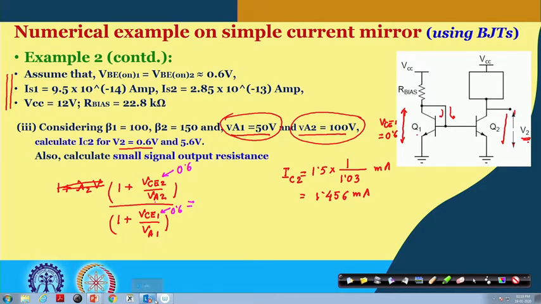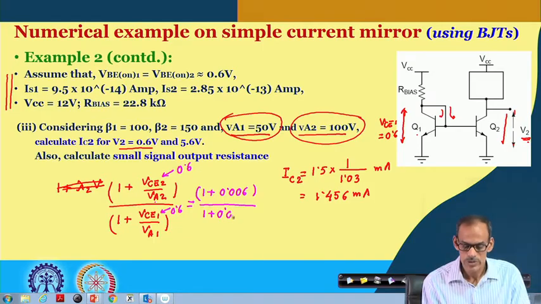So, it is not getting cancelled, rather we have 1 plus 0.006 in the numerator, and in the denominator we have 1 plus 0.006 divided by 50, so that is equal to 0.12.